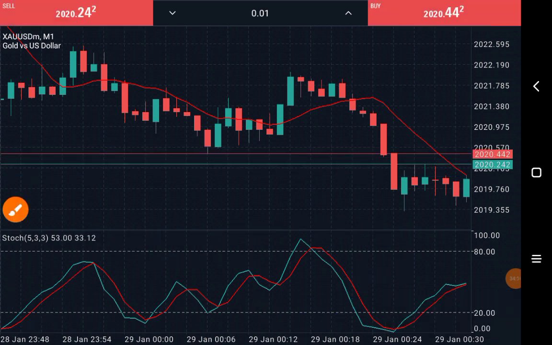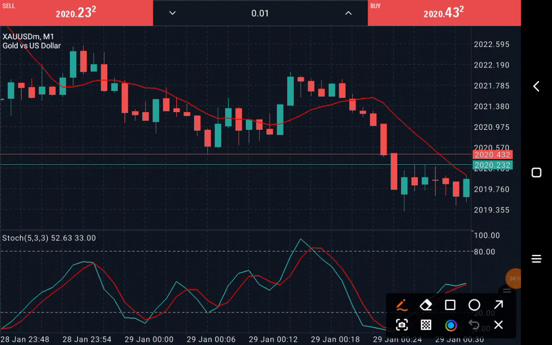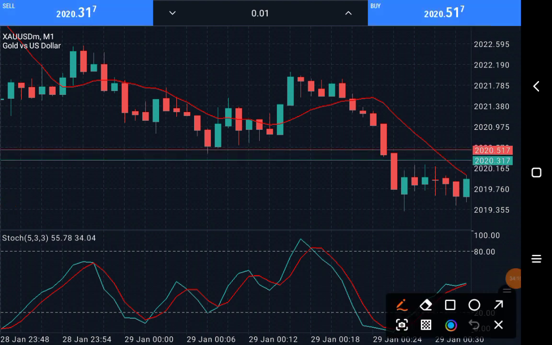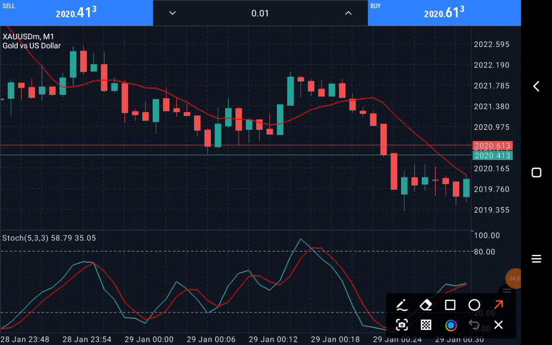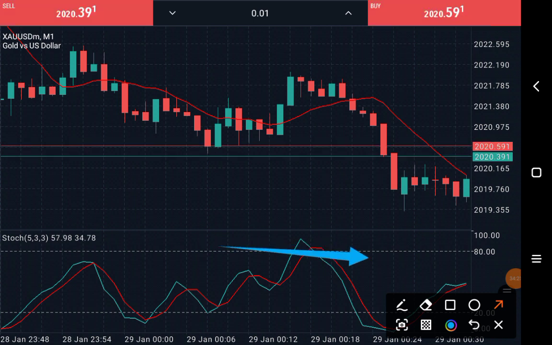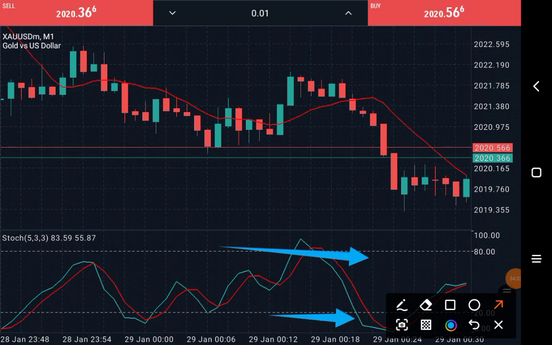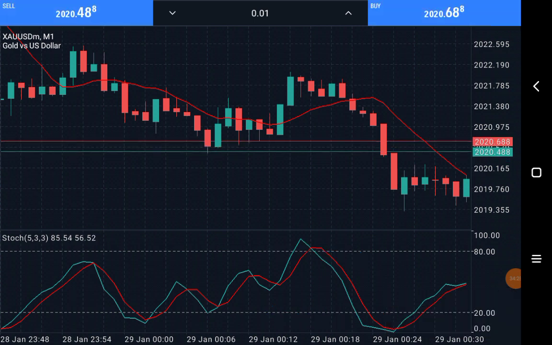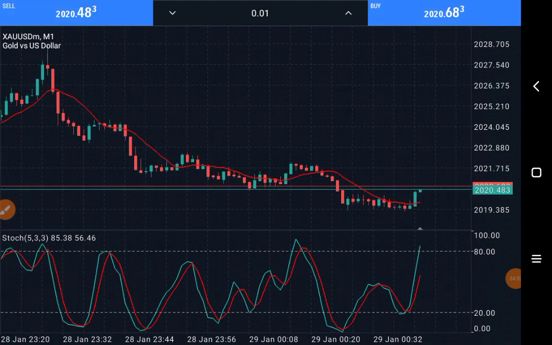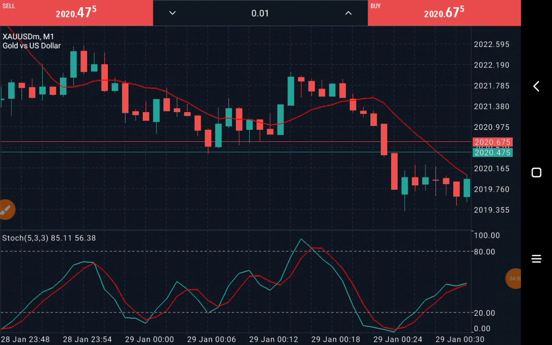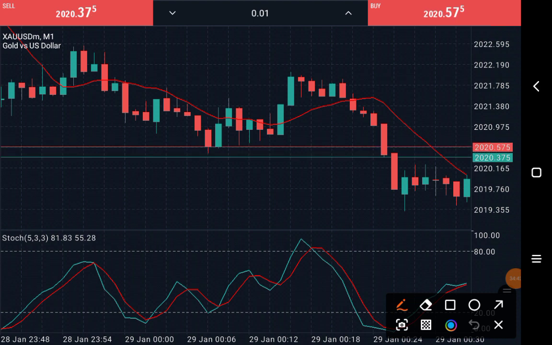What the stochastic oscillator does is, you see this up level, that is like an overbought level, and this level, that's the oversold level. It follows the trend of price.